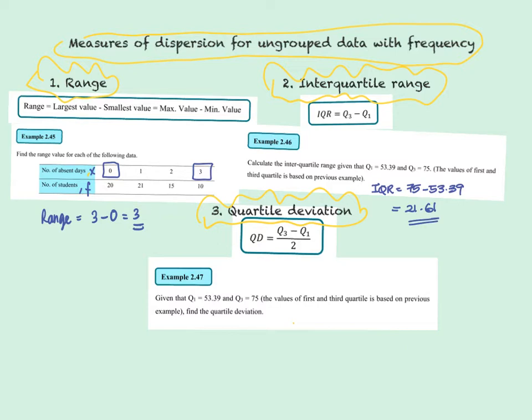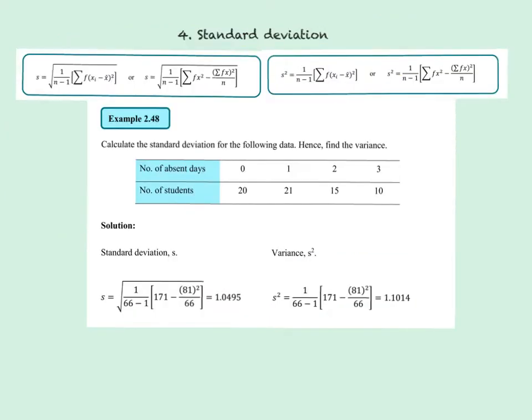So based on the formula and the values given right here, quartile deviation equals 75 minus 53.39, divided by 2. So you're going to get 10.805. So this is quartile deviation.